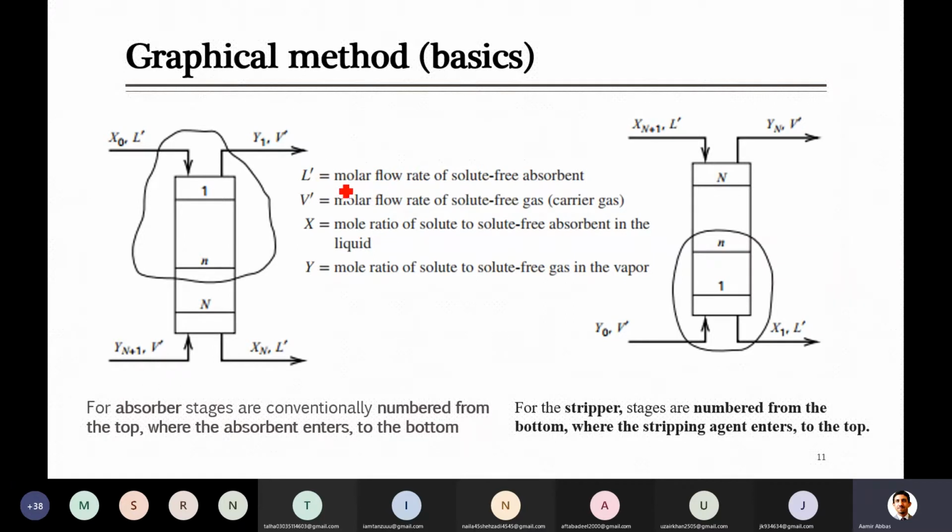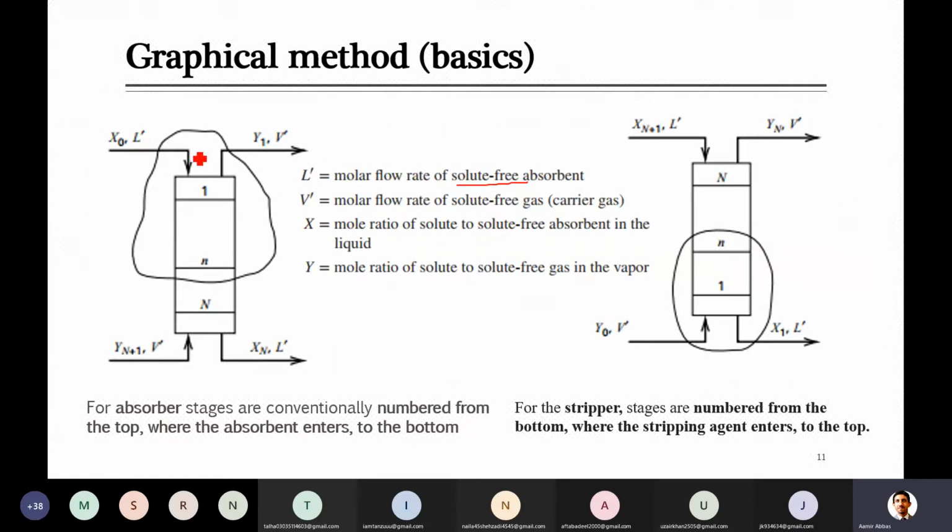Kindly remember this: here the liquid flow rate is only considered for the liquid when it is free of solute. It is simply the liquid molecules which are entering and being used as the absorbent, its flow rate only, without considering the solute.